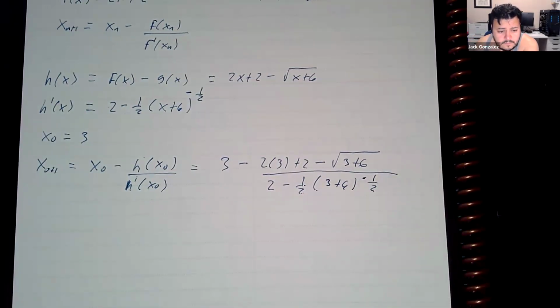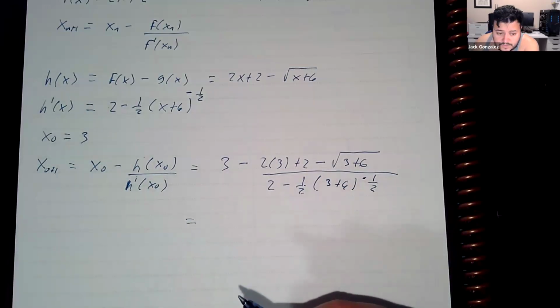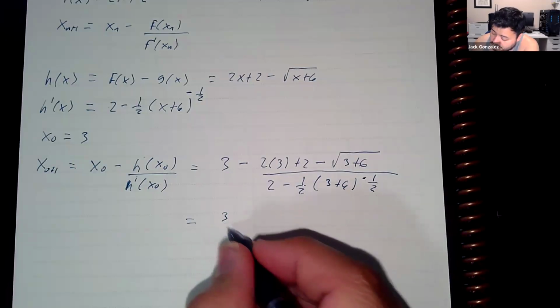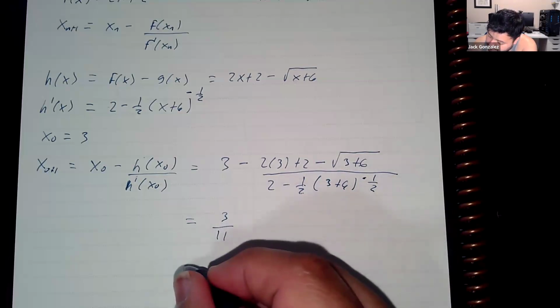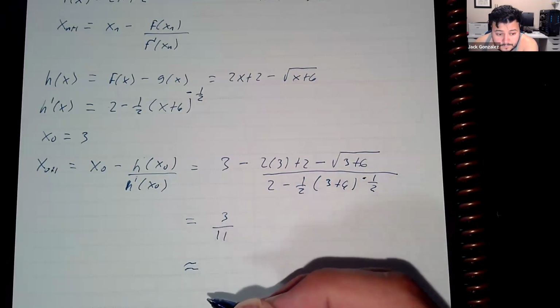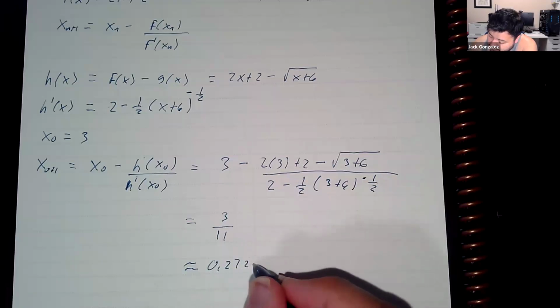All right, so to save time, this will be punched into your calculator and you're going to get 3 over 11, which is approximately 0.2727.